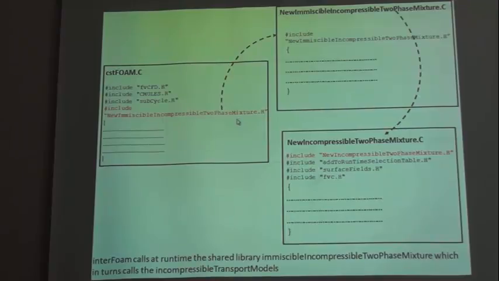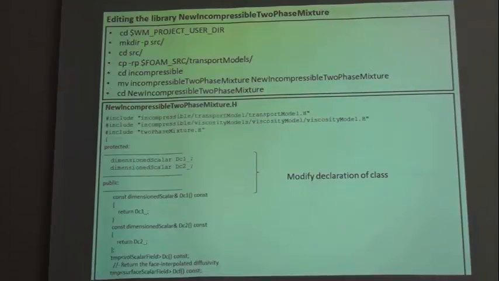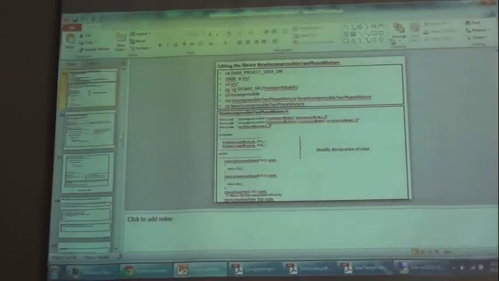And once we compile, we should be able to get a solver with a coupled transport equation and modified transport equations. So at this point, we execute these commands to create a copy of the actual libraries.